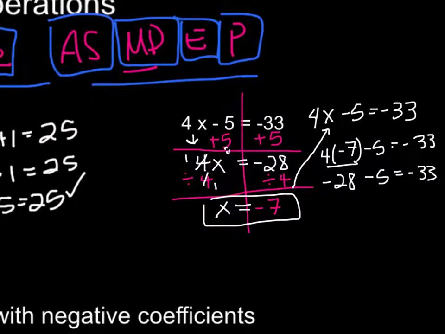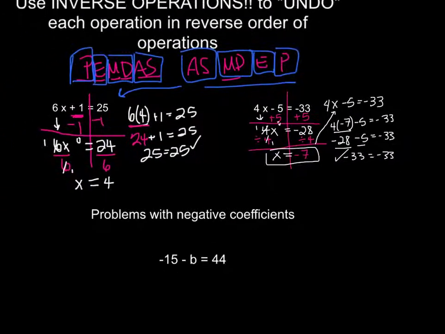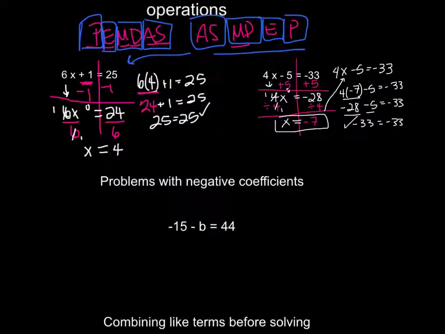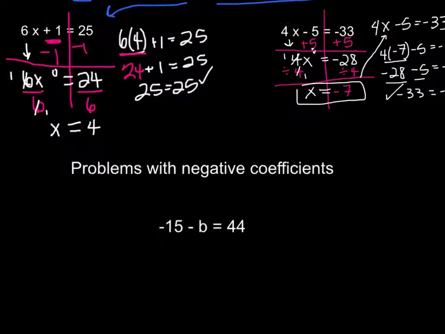So now I have $28 in the hole. I decide to buy a t-shirt for $5. So I'm now $33 in the hole. So 33 is equal to 33 every time. So that checked out. So that's how we are going to be using the order of operations and our concept of inverse operations.